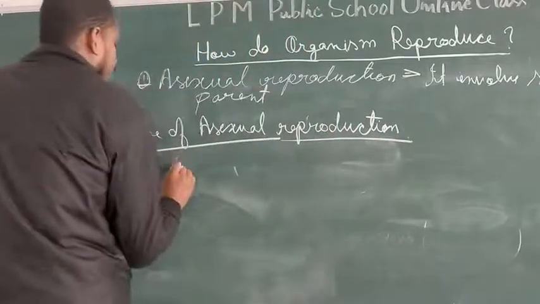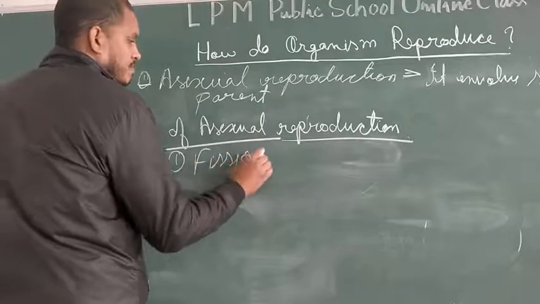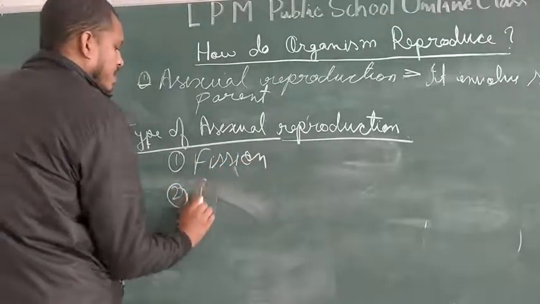What are the different types of asexual reproduction? First one is fission. Second, you can say budding.